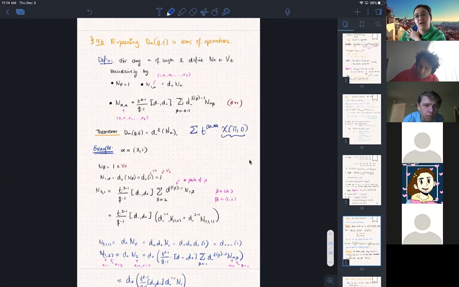So we know how to construct chi of pi 0 from d pluses and d minuses. The next step is incorporating the t's through some operator that is acting on these new vector spaces. And that is where this n alpha comes into play.